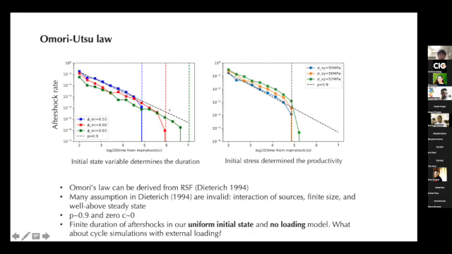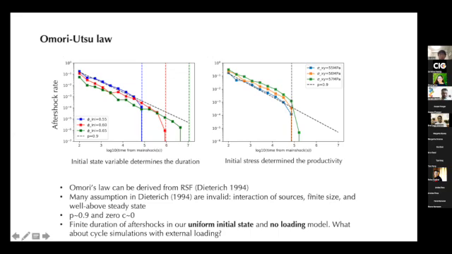In all our simulations, the duration of aftershocks is finite, and there is no seismicity after the end of the aftershocks. This may be because we don't add any external time-dependent loading in our model.